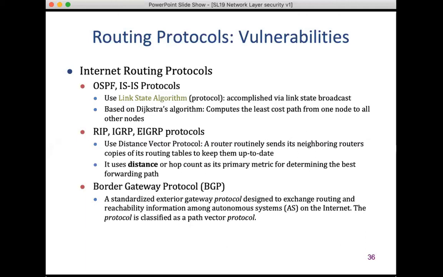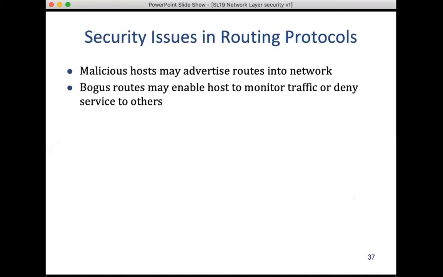So your campus may be treated as an autonomous system. To interconnect different autonomous systems, we use BGP. Now BGP itself, the draft is more than a few hundred pages. It's quite complex. So what are the security issues in routing protocols?